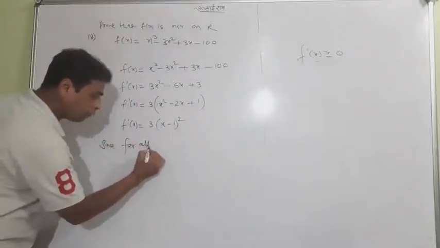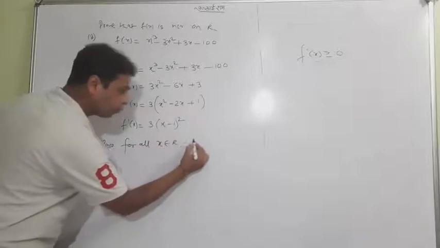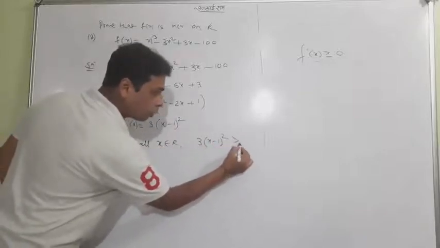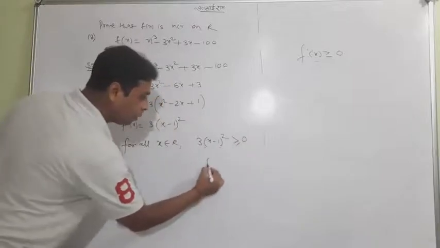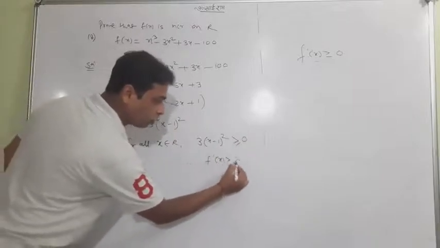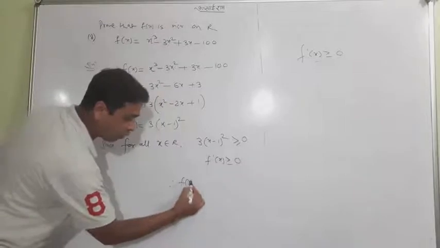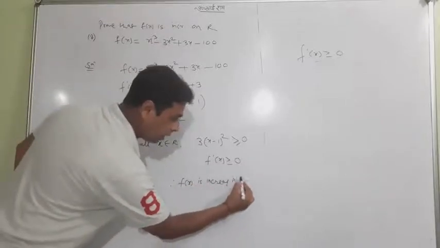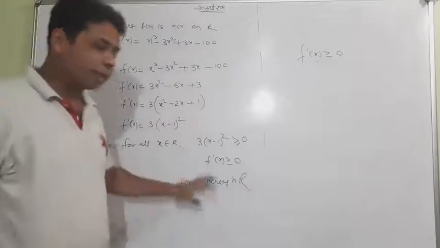Look at how to write. For all x belonging to R, 3 times x minus 1 whole square is either positive or equal to 0. It means that f dash x is positive or equal to 0, and that means that f of x is increasing in the set of real numbers, and that is the answer.